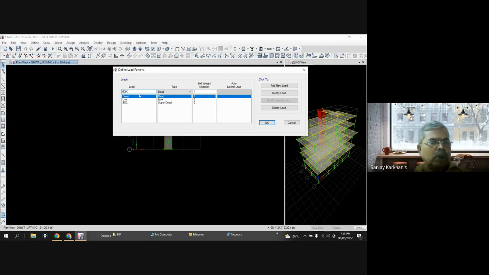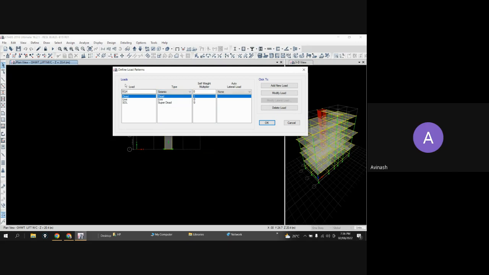So EQ in X direction is my earthquake data for static load conditions. What is the type? The type is lateral, and you can check over here that the name is seismic, because it is a seismic load.